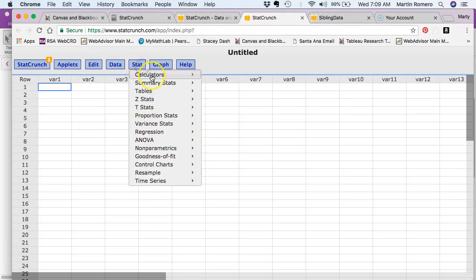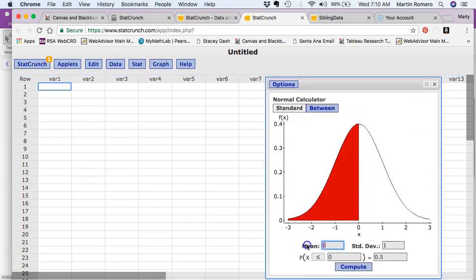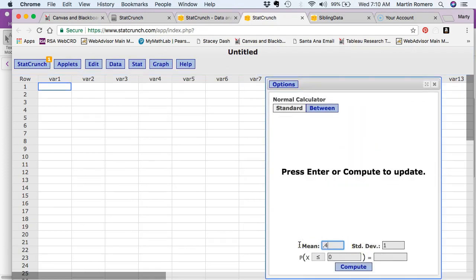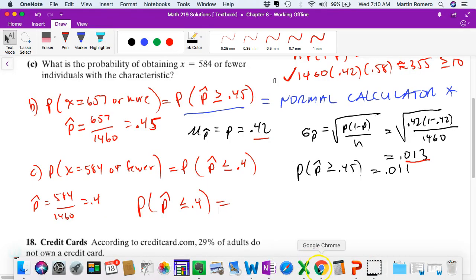Stat, Calculators, Normal, and so 0.42, 0.013, and less than 0.4. Let's double check we got everything right.